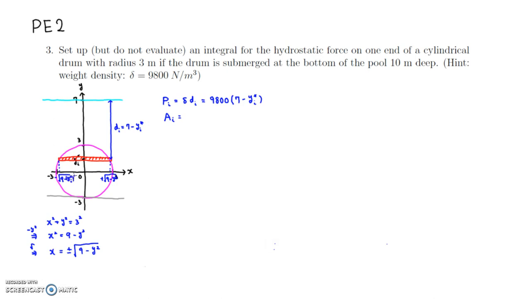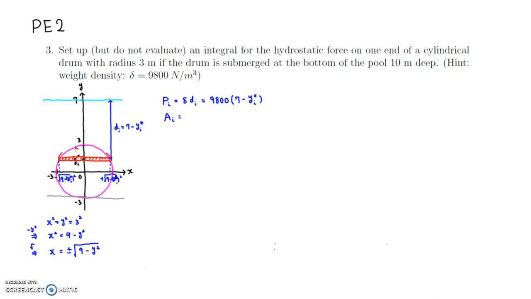So the length of this little skinny rectangle goes from the negative square root of 9 minus yi star squared to the positive square root of 9 minus yi star squared.